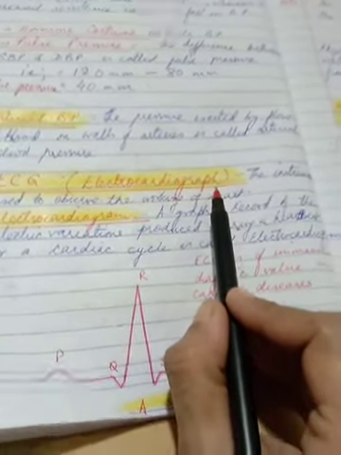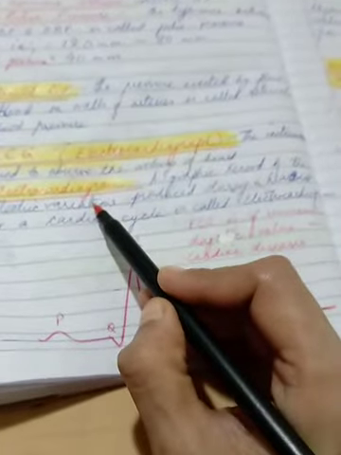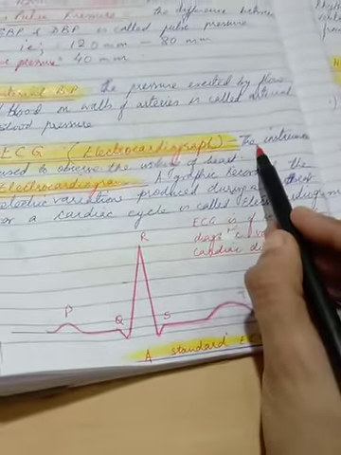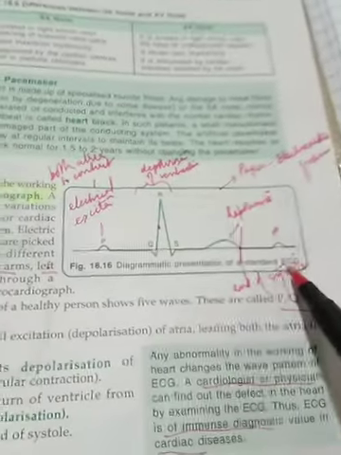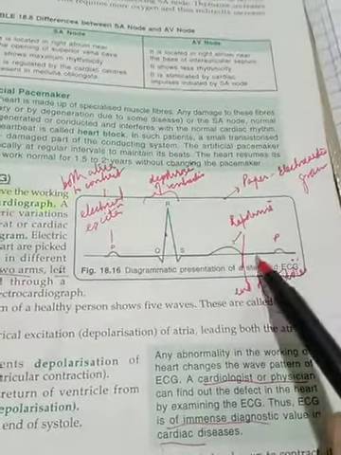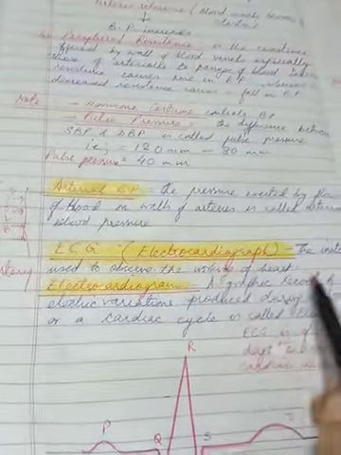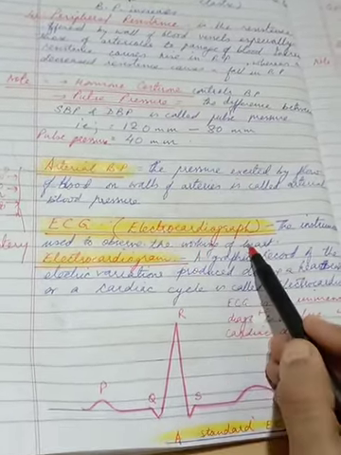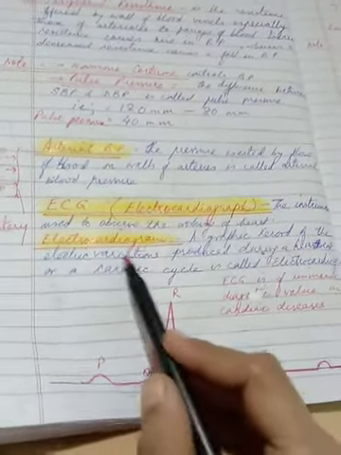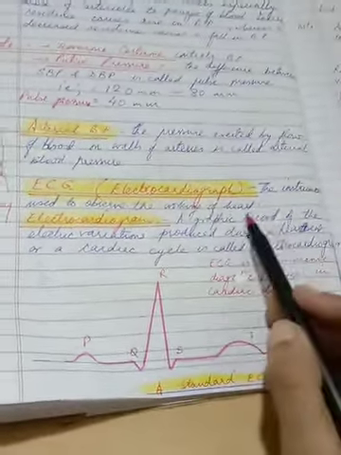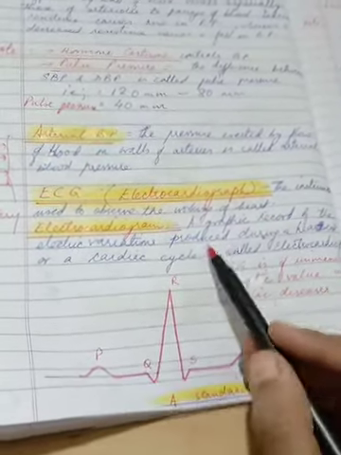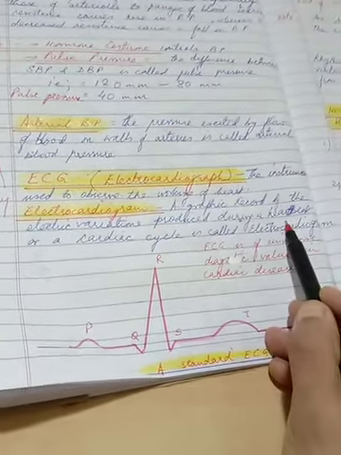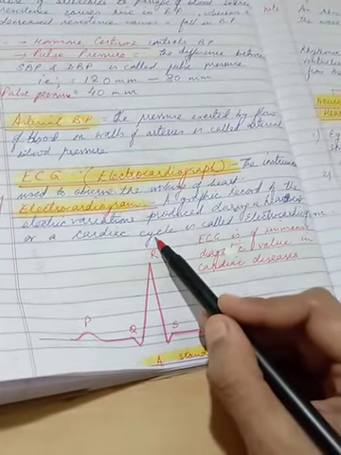That means the device we call the electrocardiograph, and the paper that we receive with the heartbeat and all that is called the electrocardiogram. So let's see it. ECG is the instrument used to observe the working of the heart, whereas electrocardiogram is the graphic record of electrical variations produced during a heartbeat or a cardiac cycle.